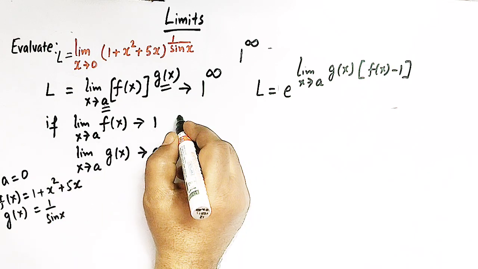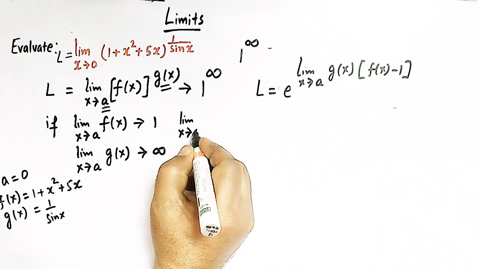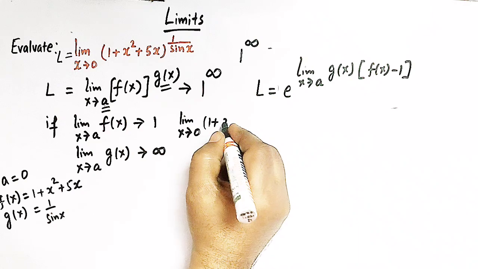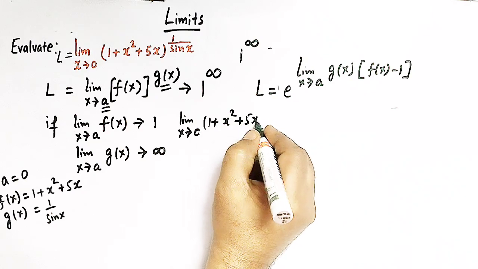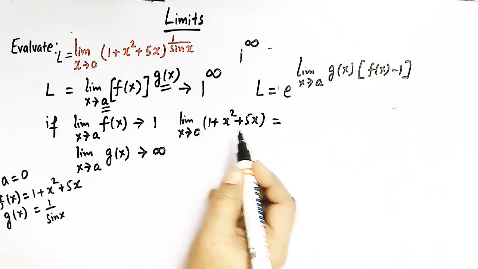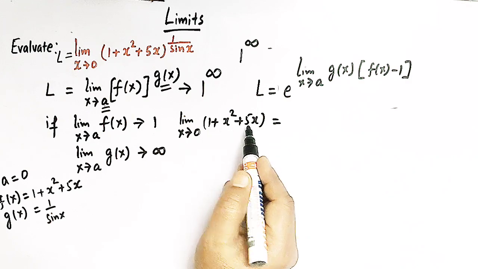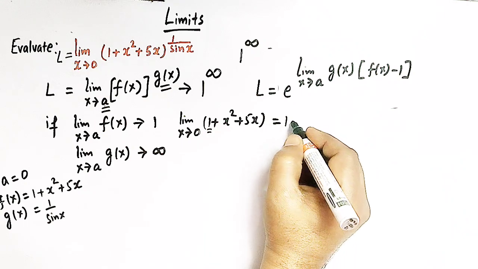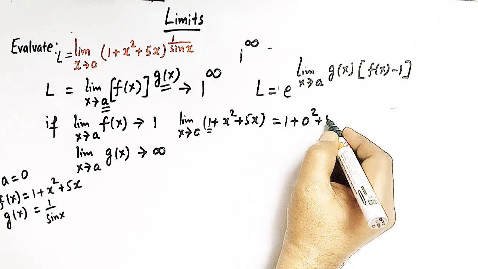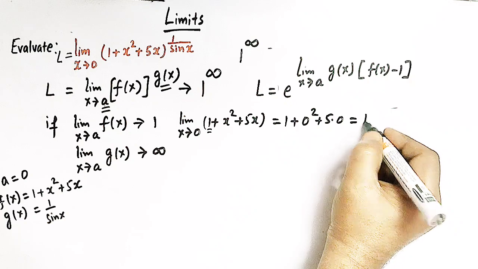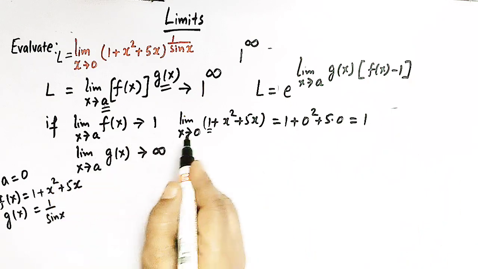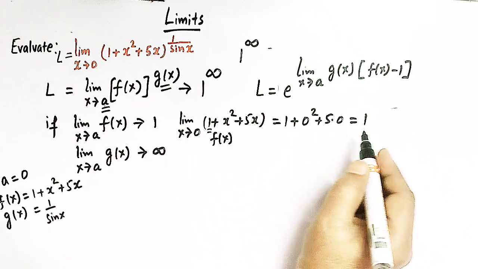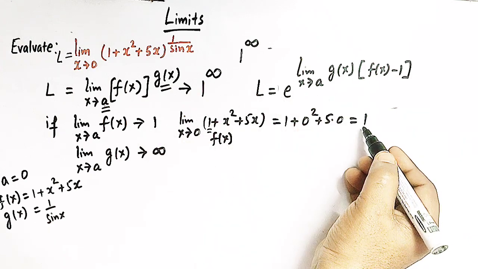So here we have limit x tends to 0, and for f of x we have 1 plus x square plus 5x, and we can easily see that the limit of this quadratic expression when x tends to 0 is 1, right? So we have 1 plus 0 square plus 5 times 0, that is simply 1. So limit x tends to 0, f of x is equal to 1 or tends to 1.